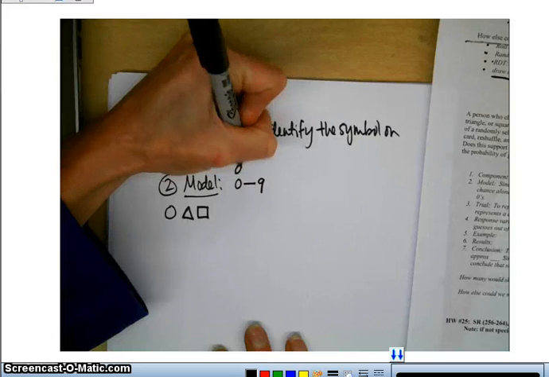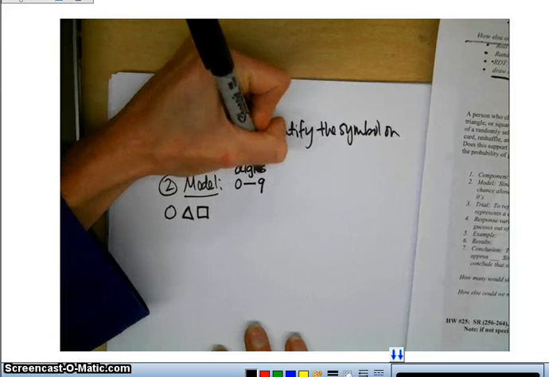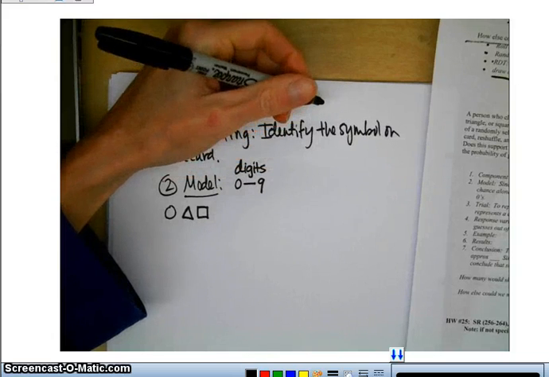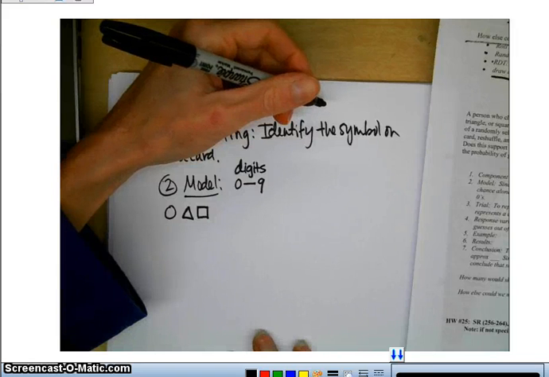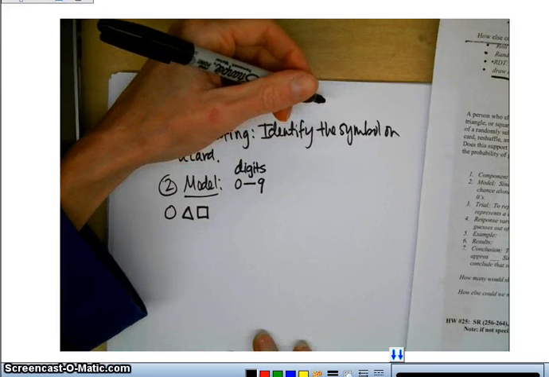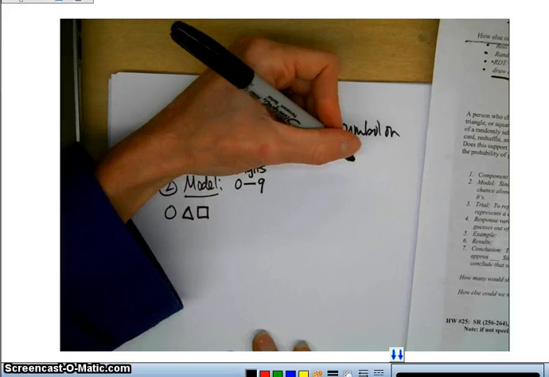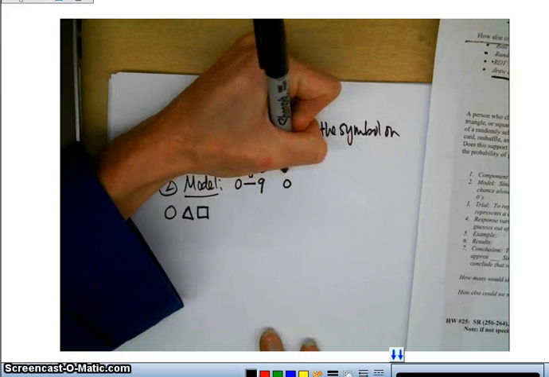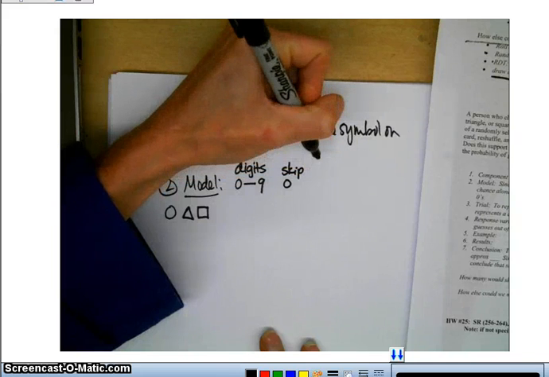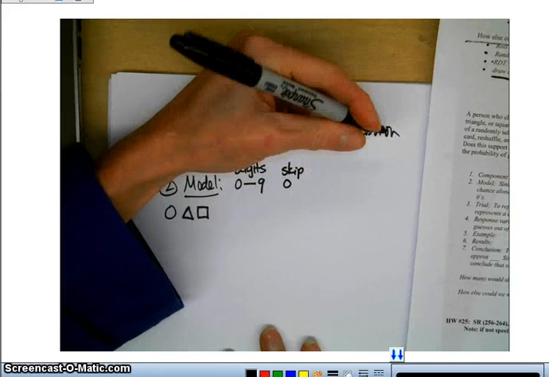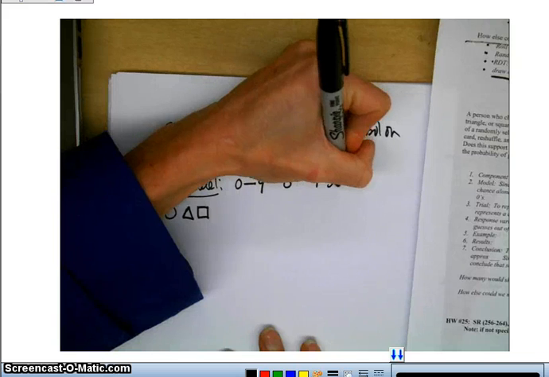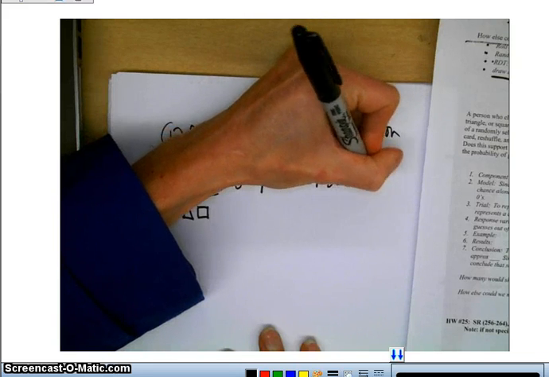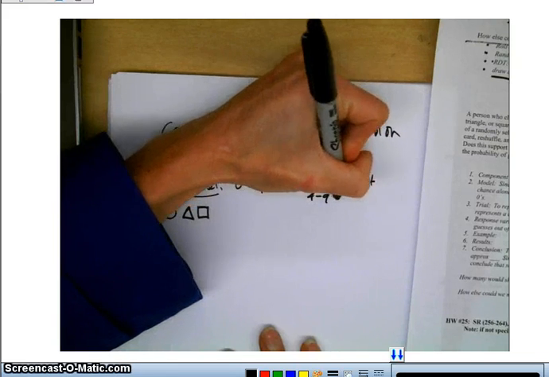So 0 through 9 would be 10 digits. So we're not going to use 0, we're going to skip any zeros. And we're going to let 1 through 3 be the correct answer, and 4 through 9 be the incorrect answer.